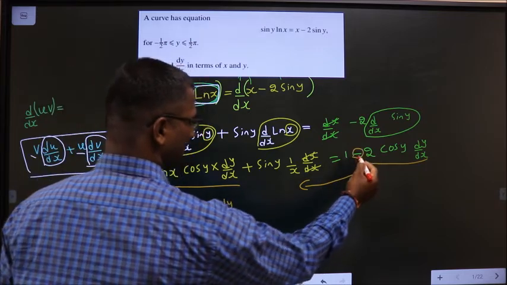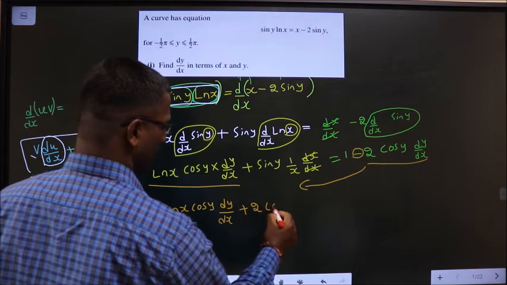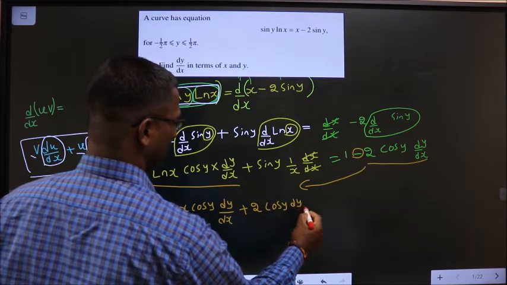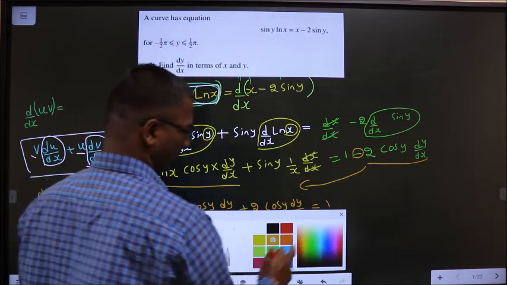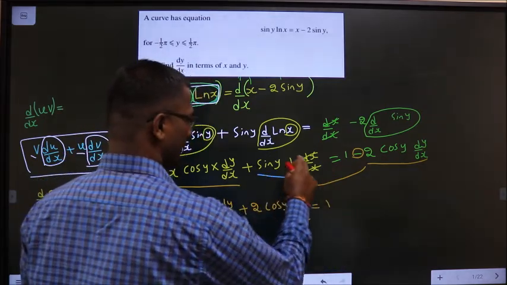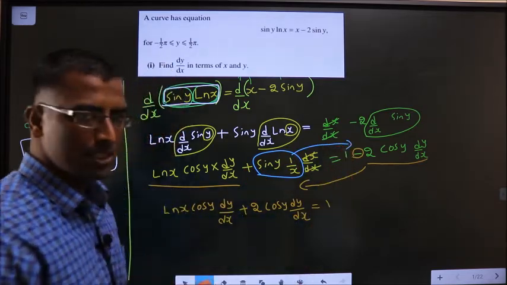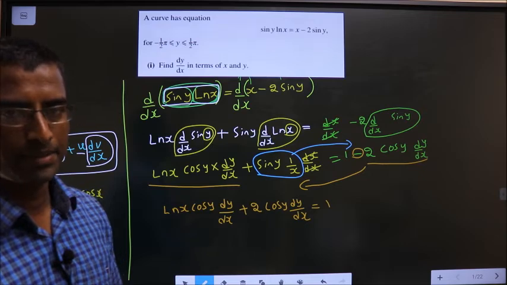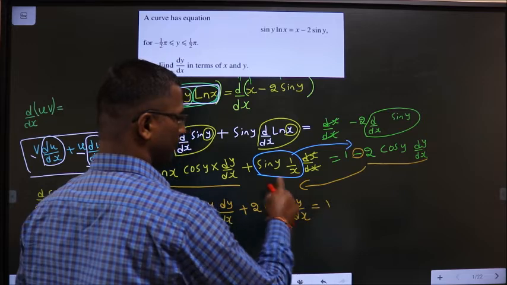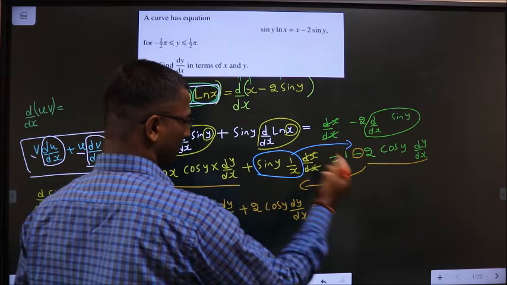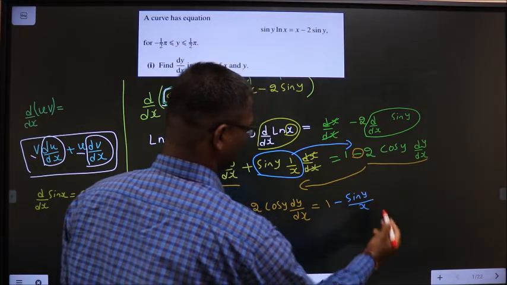Here you have minus. When you shift, it will become plus 2 cos y dy by dx. Okay, now here one, you have this one over here, shift it to the other side. Our aim is to make dy by dx the subject. So the rest all goes to the other side. So here it is 1 and here it is plus. When you shift, minus sin y by x.